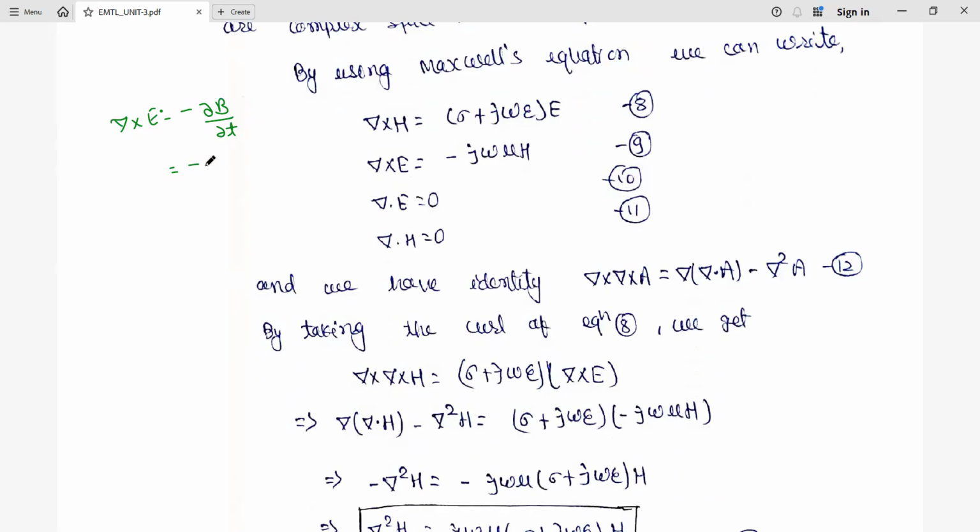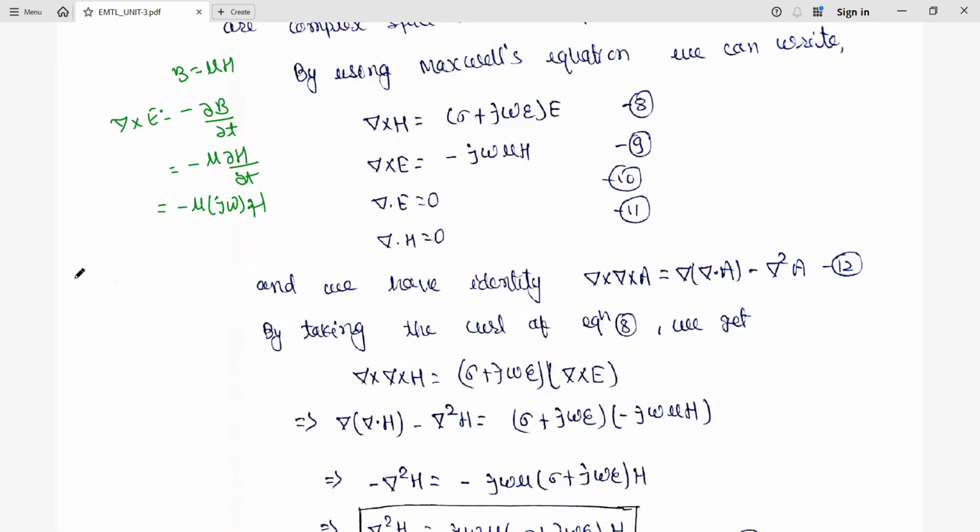One step you can add here: minus mu dou H by dou T, since B equals mu H. Finally we replace dou by dou T by j omega, so minus mu j omega into H.